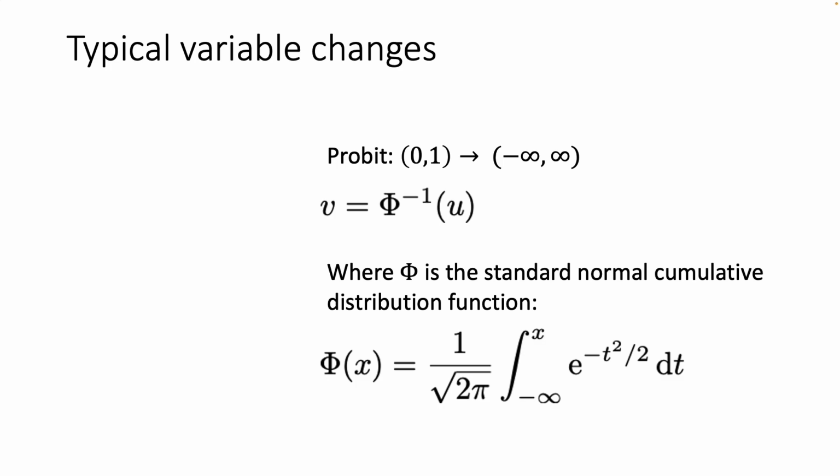The difference between these two functions is that the probit tends to 0 and to 1 a bit faster, because the logit generally tends to those as e to the minus x, and the probit as e to the minus x squared. So this one just drops faster. So it has so-called lighter tails, and the values in the middle will be more concentrated.